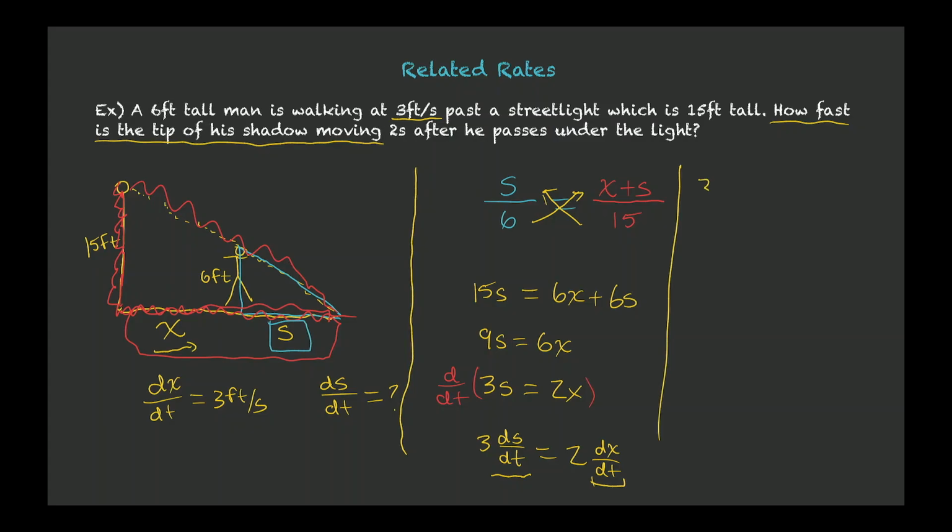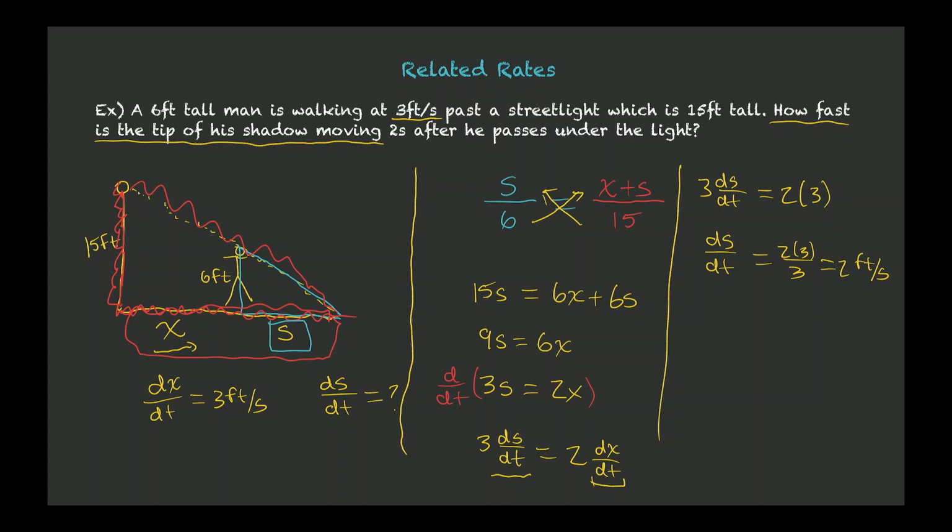Okay, so we got 3 ds/dt is equal to 2 times dx/dt, which is 3. So that means when we divide, ds/dt will be equal to just 2 times 3 over 3, or 2 feet per second.